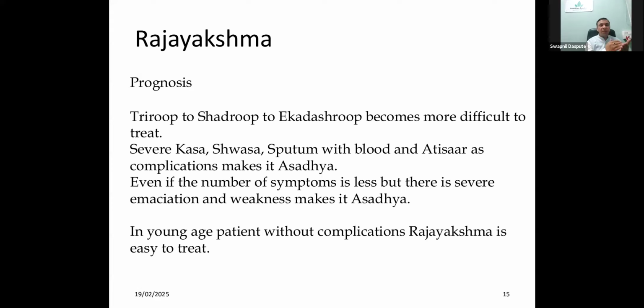So in Rajakshma, virechana or purgation is ideally not done. If it naturally goes out, it is okay. But in that also, the patient will experience a lot of weakness.